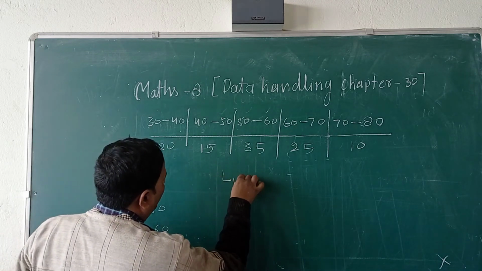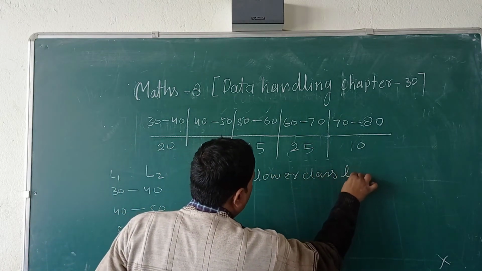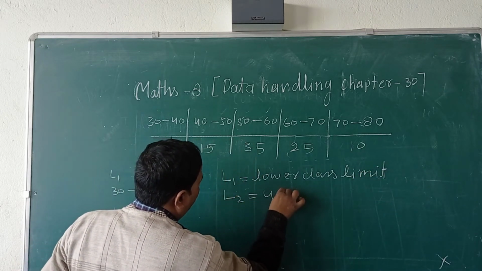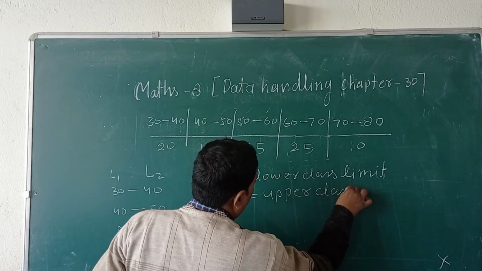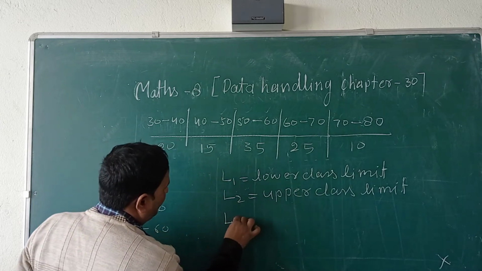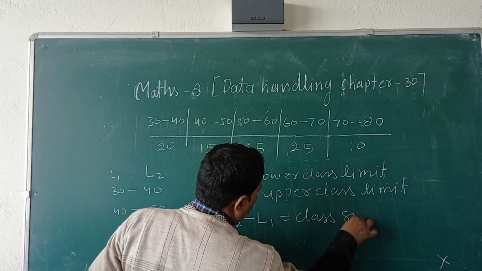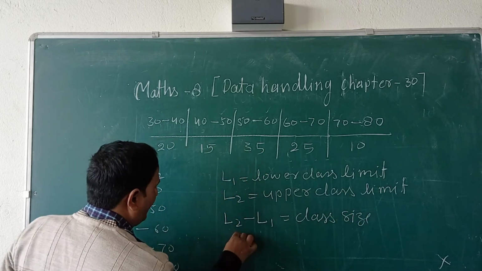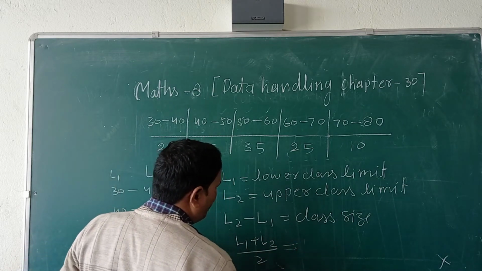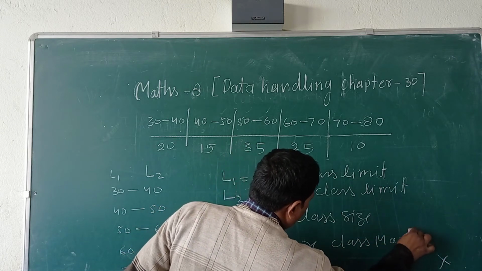L1 means lower class limit, L2 means upper class limit. L2 minus L1 is known as class size. And (L1 plus L2) by 2 is known as class mark.